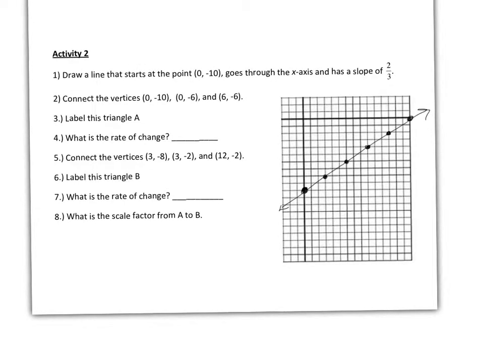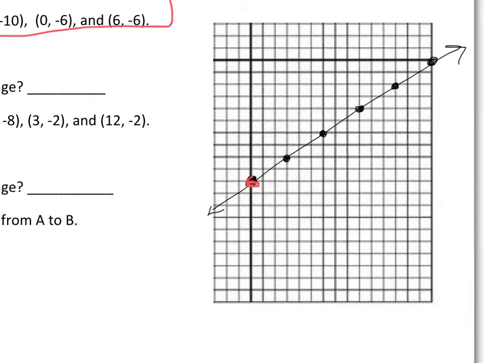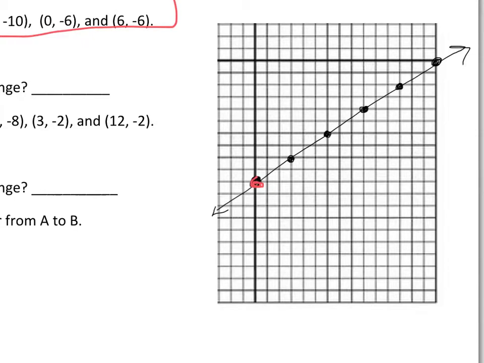Number 2 says that we need to connect the vertices. These 3 points, we're going to connect them. 0, -10 is already right there. 0, -6 is 4 up from there, right here. And 6, -6 is right here.